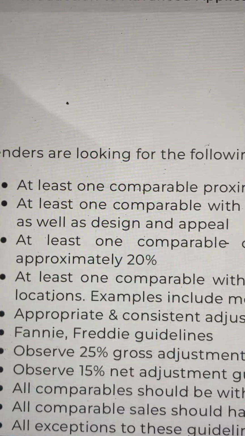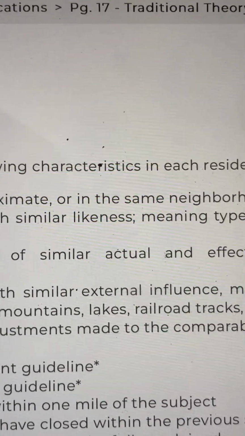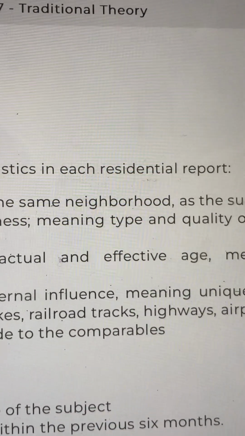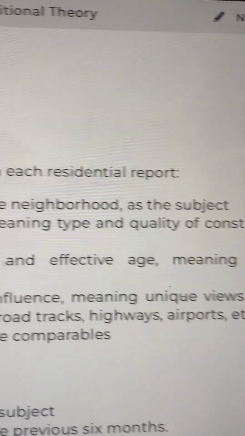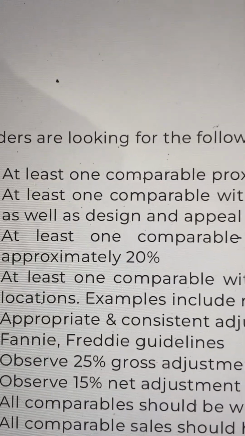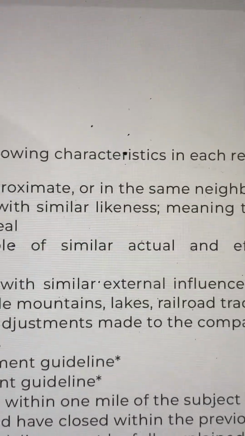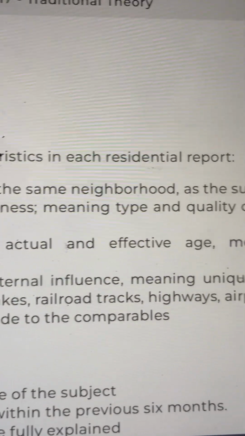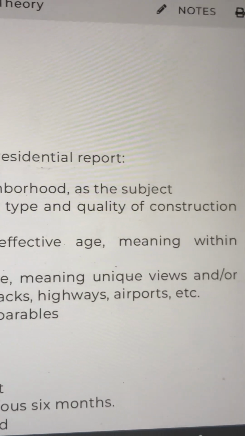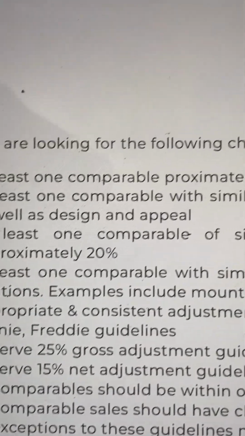At least one comparable, proximate, or in the same neighborhood as the subject. At least one comparable with similar likeness, meaning type and quality of construction as well as design and appeal.